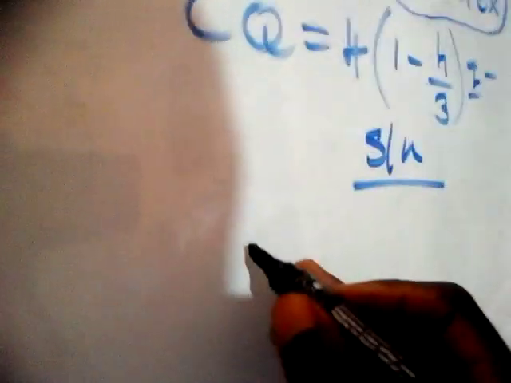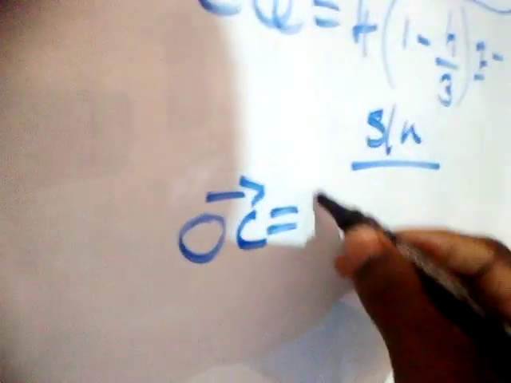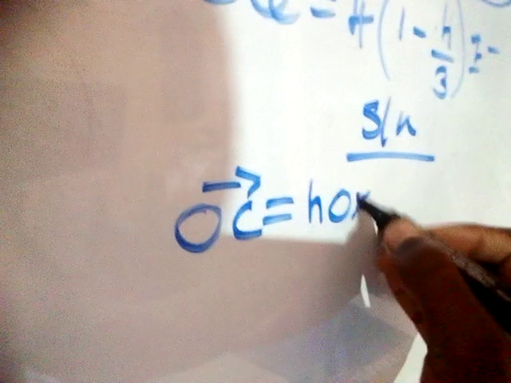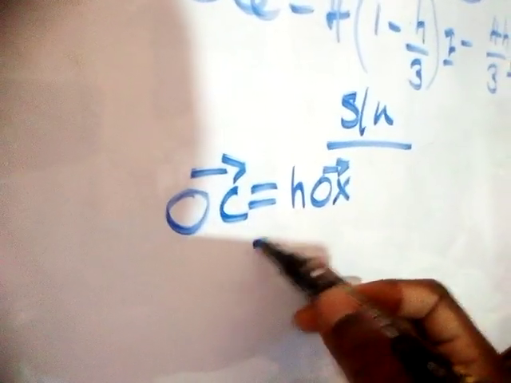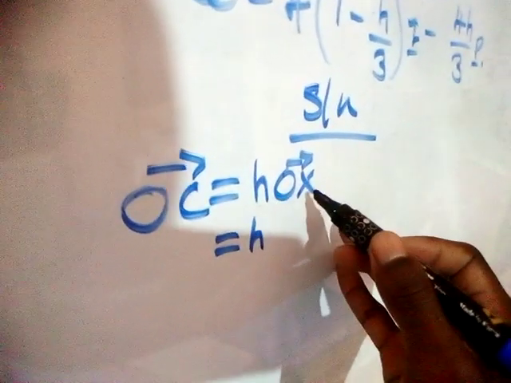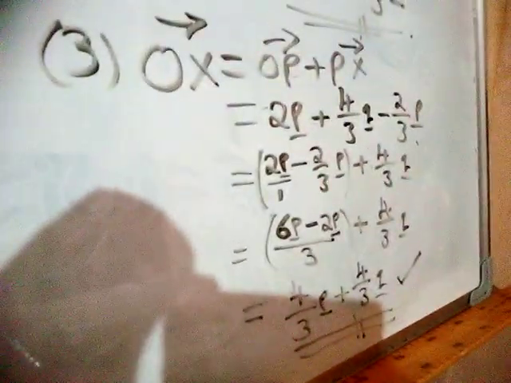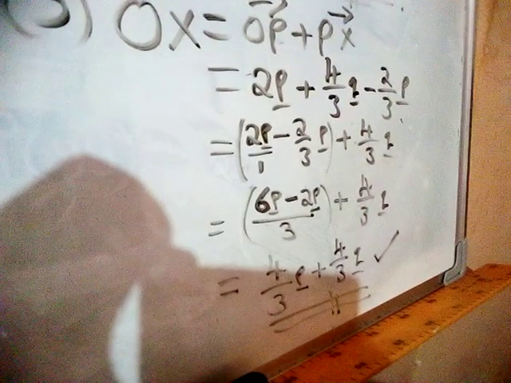We're given vector OC equals h vector OX. But vector OX is actually what we've just found here. Observe. Vector OX is 4/3 vector P plus 4/3 vector Q.